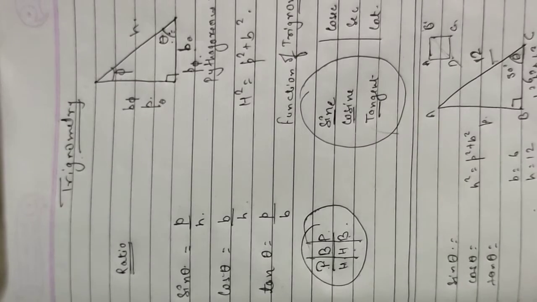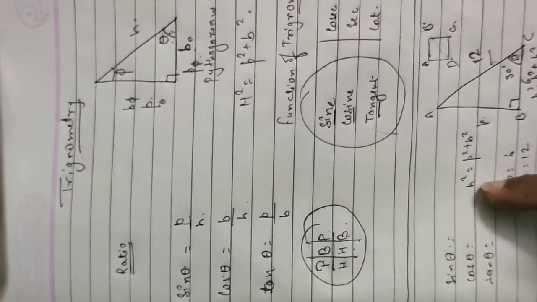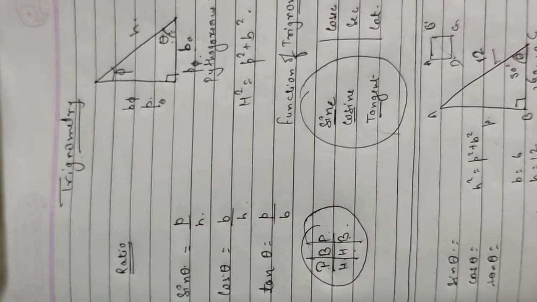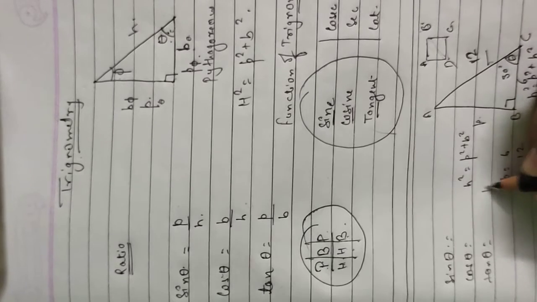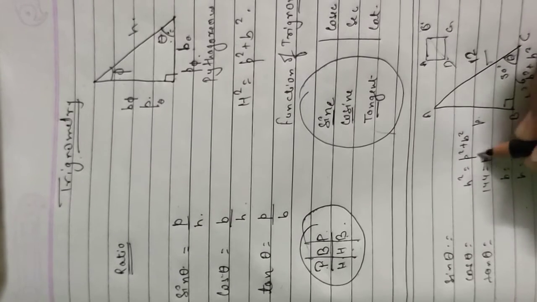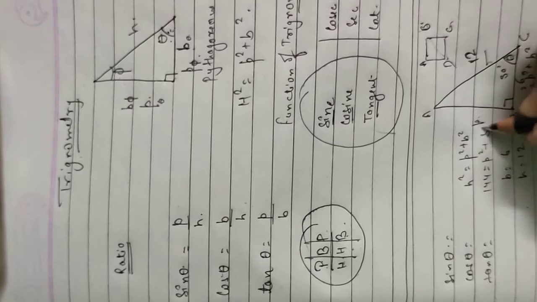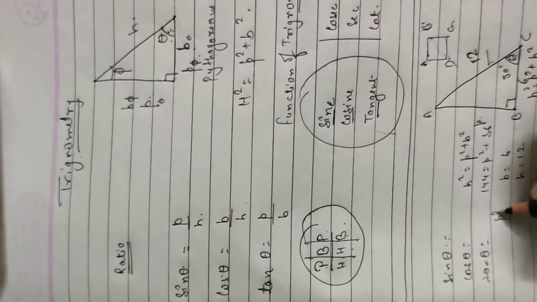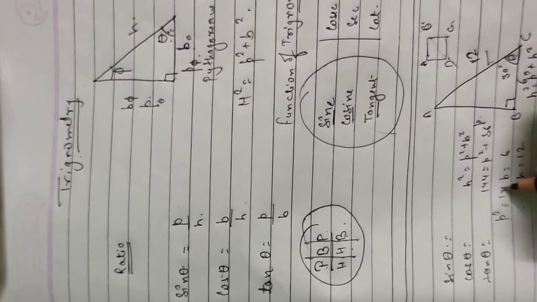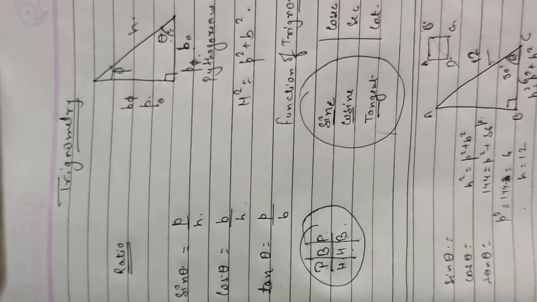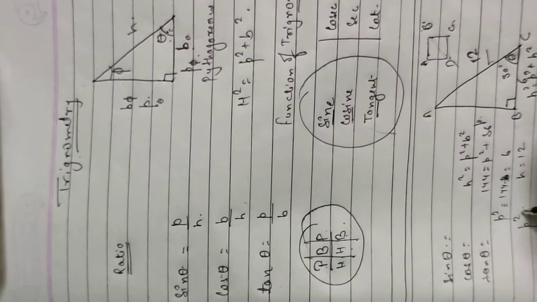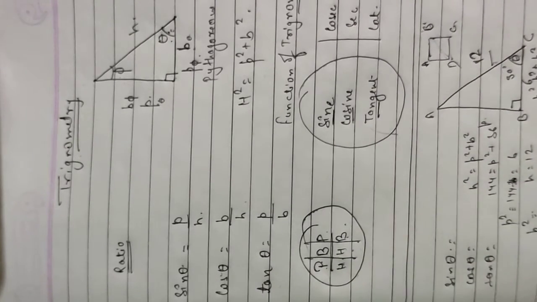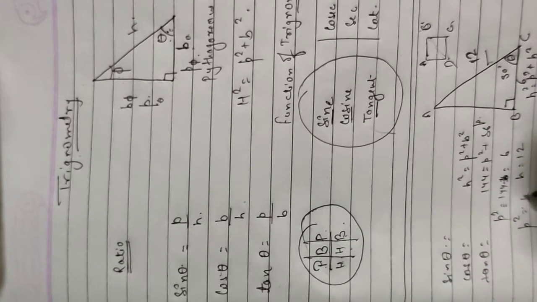Can we find P? Yes, of course, with the help of Pythagoras. 144 is equal to P square plus 36, so P square will be equal to 144 minus 36, which is 108.